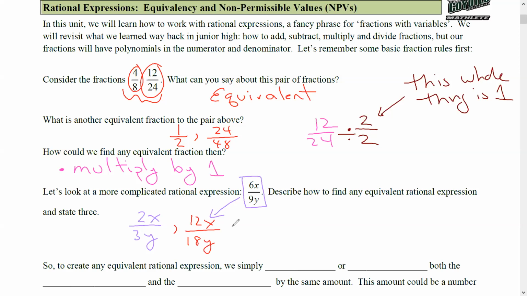Or I'm going to go crazy here. I'm going to multiply the numerator by x squared minus 1, and the denominator by, of course, the same thing. This is what we're going to start looking at in this unit. Do you see the difference of squares there? Stuff that factors, just like our first little mini lesson of review. So we're going to start looking at more complicated fractions.